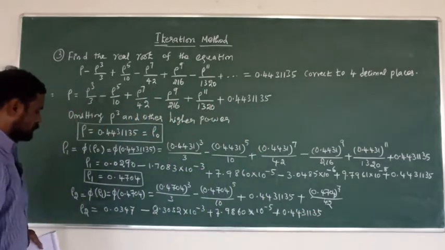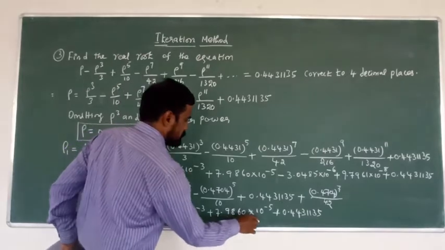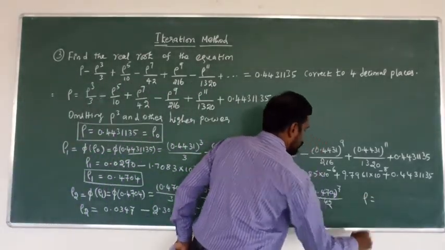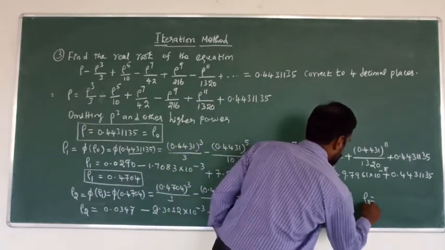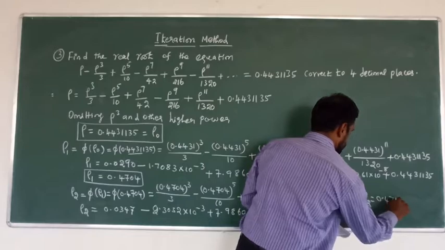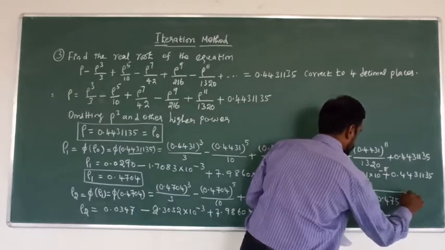Now add all these values, we get the rho 2 value. Finally rho 2 equal to 0.4756.